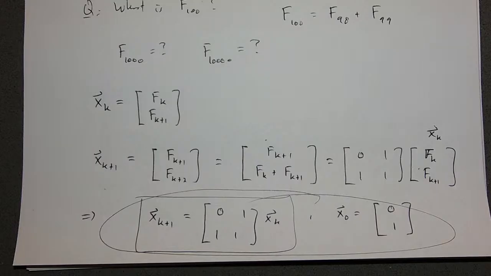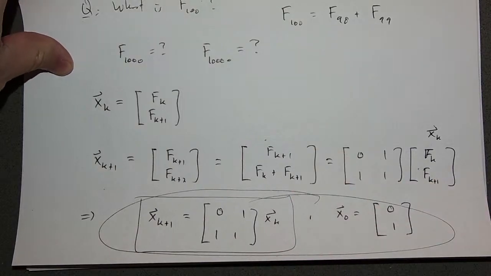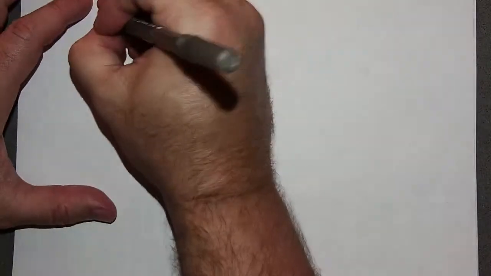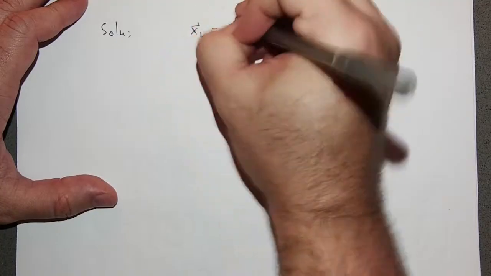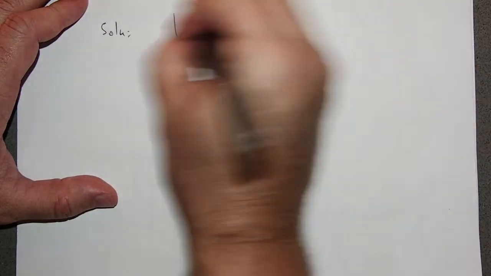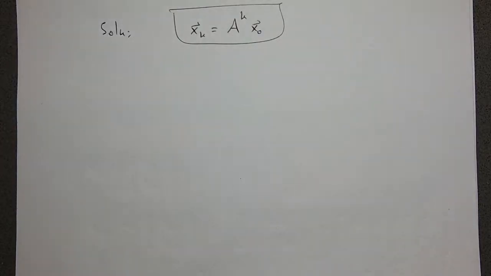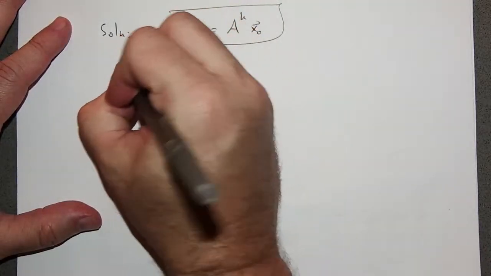All right. Now, what is the solution to this? Just like our previous analysis of discrete dynamical systems, the solution is given by A to the k times that initial vector. Now, to remember, how do I find the characteristic polynomial of A?